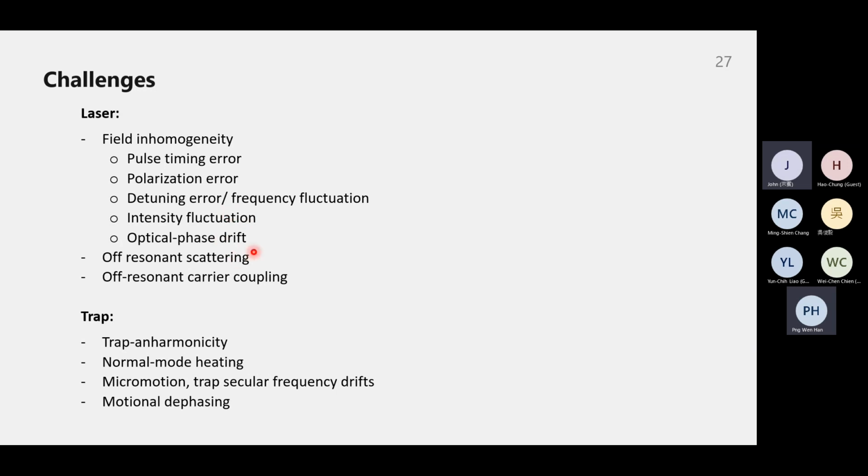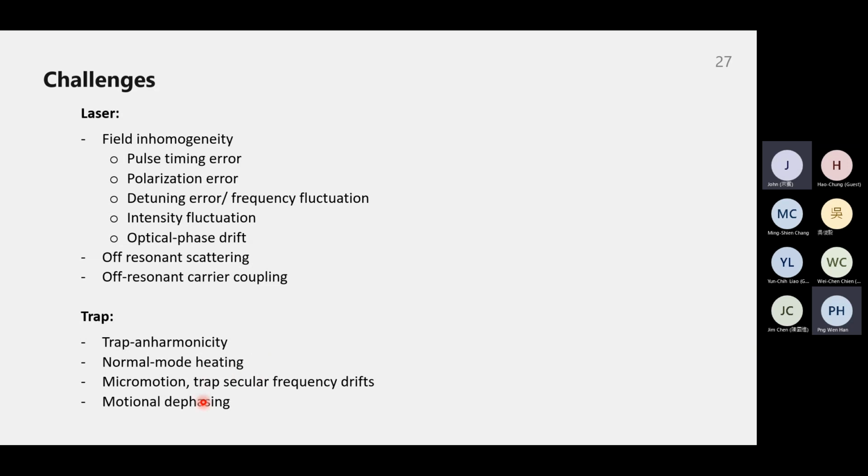Besides, when you are using Raman transitions, there are off-resonance scatterings and off-resonance Fourier coupling. And for the trap, when the electrode heats up, it gives fluctuations to the circular mode frequencies, and this in turn gives heating, micromotion, and motional dephasing.